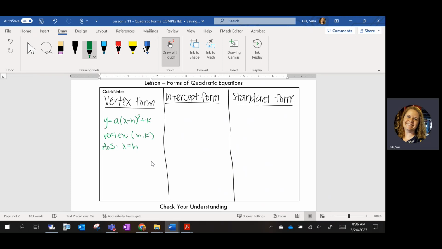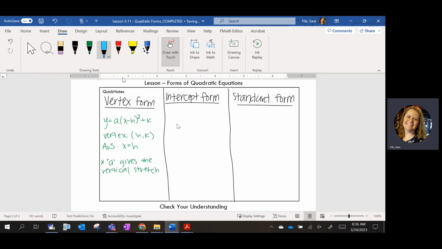And a gives the vertical stretch. So far, so good.